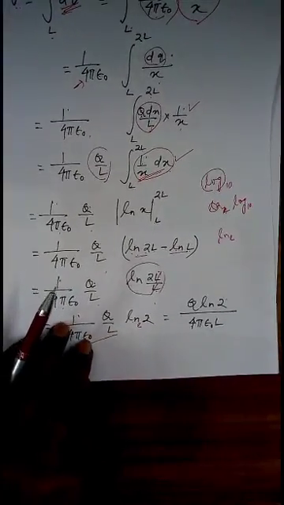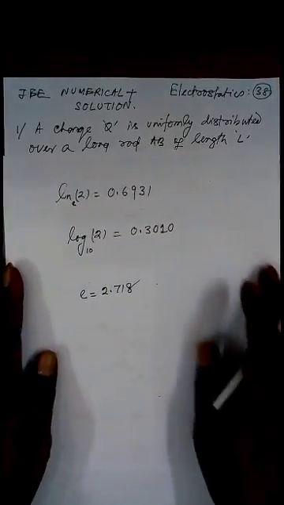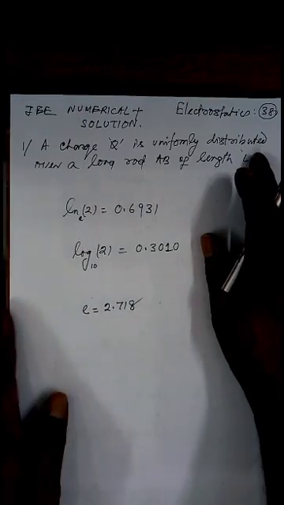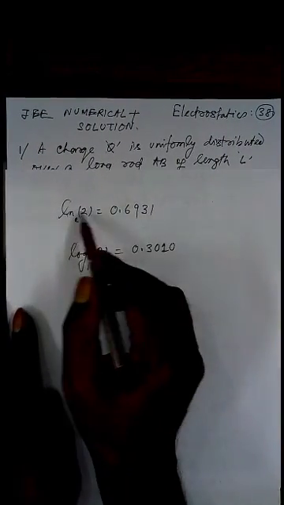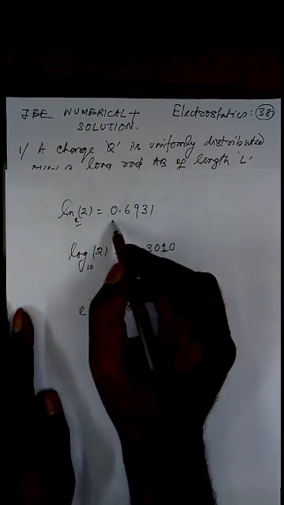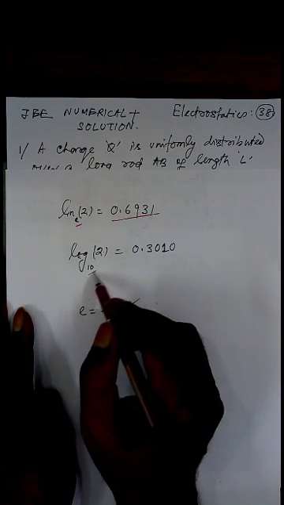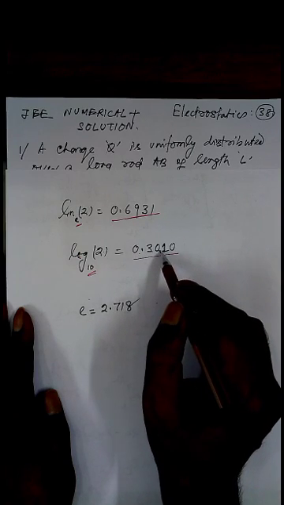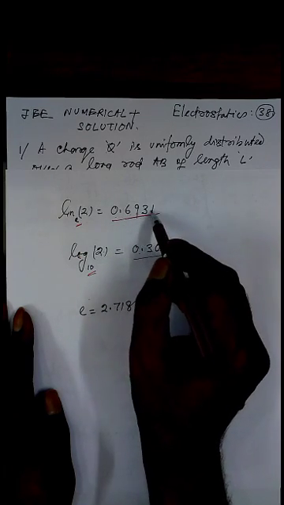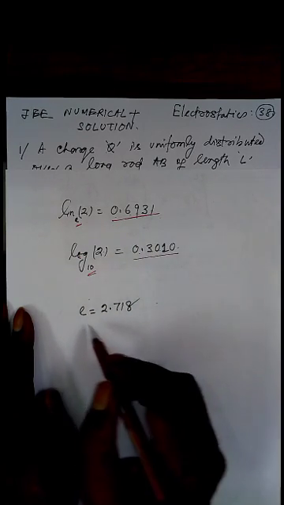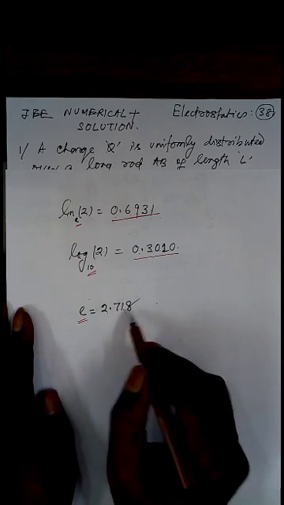Now let me explain here. The value of ln 2 with respect to base e is this much, you can use a scientific calculator. Log 2 with respect to base 10 is 0.3010. This is 0.6931, and the value of e is equal to 2.718.